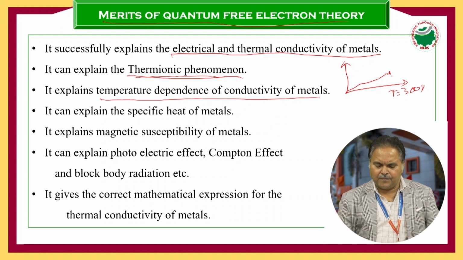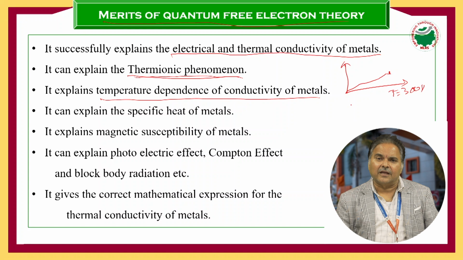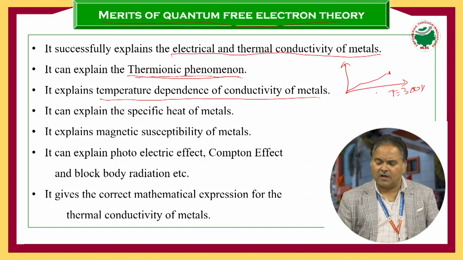So this property, that the conductivity of the metal decreases with decreasing temperature, we cannot explain according to classical free electron theory. In quantum free electron theory, this temperature behavior is explained very well. And there is another point, the specific heat of metals.